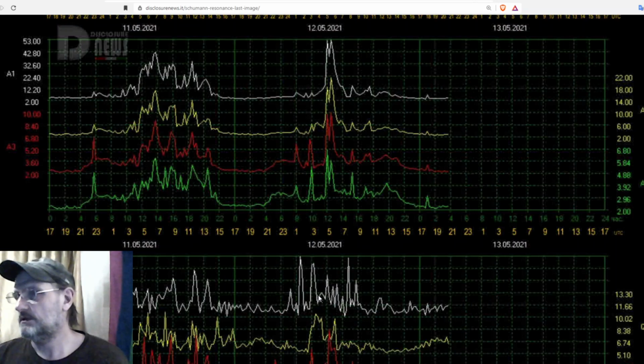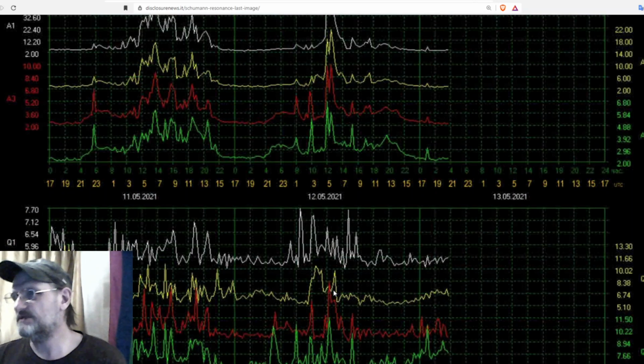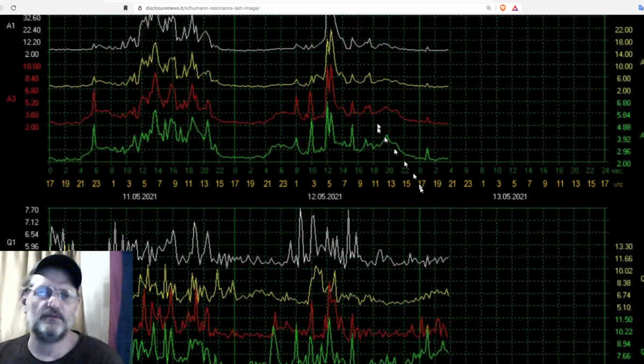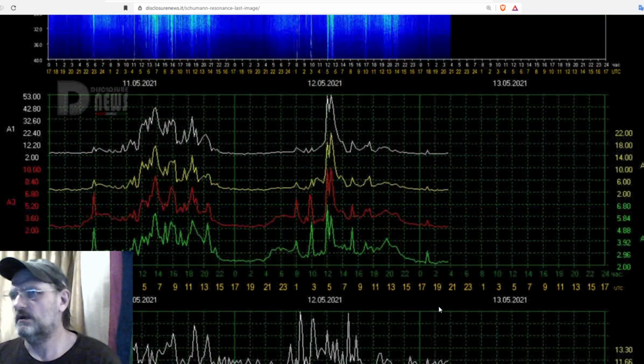So you see it drops down and then it picks up again. This is one of the things I look at. I compare the white mode to white mode across the board, because that's what we're looking at.